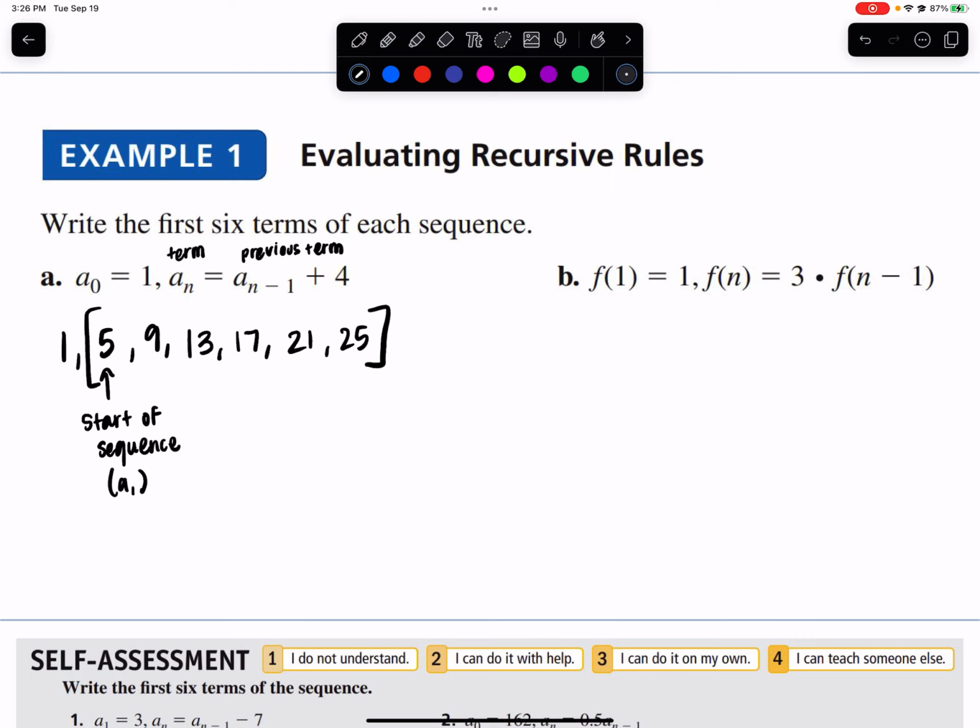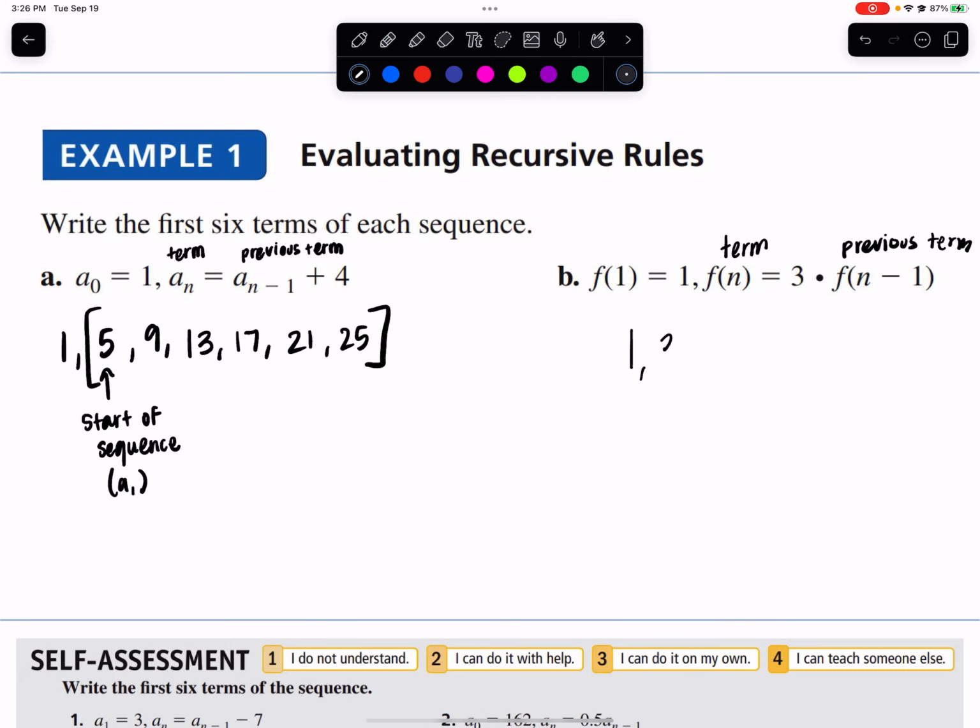All right, part B, function notation. f of 1 equals 1. That means my first term is 1. f of n equals 3 times f of n minus 1. So that means that each term equals 3 times the previous term. So if I want to find the next term, I'm multiplying by 3.